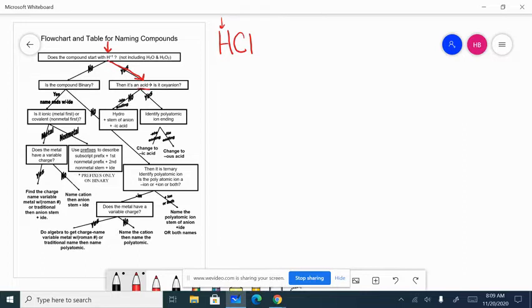Is it an oxyanion? Well, what that means is an oxyanion has oxygen in it. So you're going to see that this has hydrogen and it has chlorine. So it does not have oxygen. So we're going to go down the no road. Then it says hydro plus stem of anion plus IC acid.